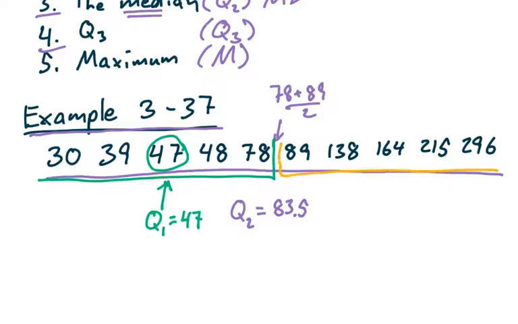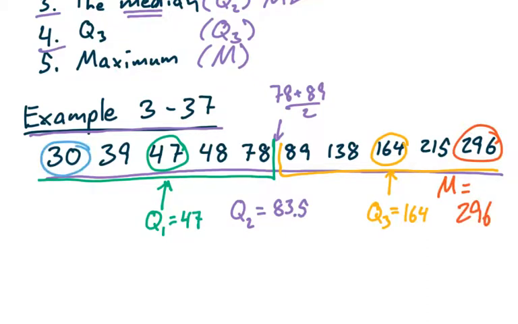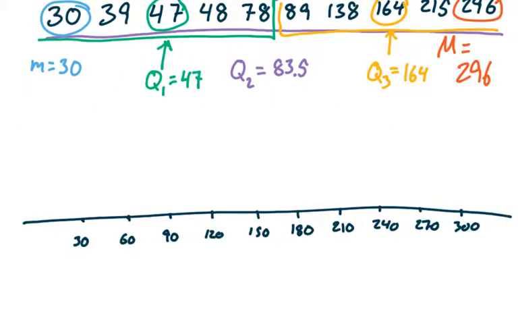Next, we have to take the median of the upper half of the data set. So here it is. This is Q subscript 3. And then after this, we simply pick out the highest value. So that's capital M is 296. And then the lowest value, we'll call that one lowercase m. So that is 30.